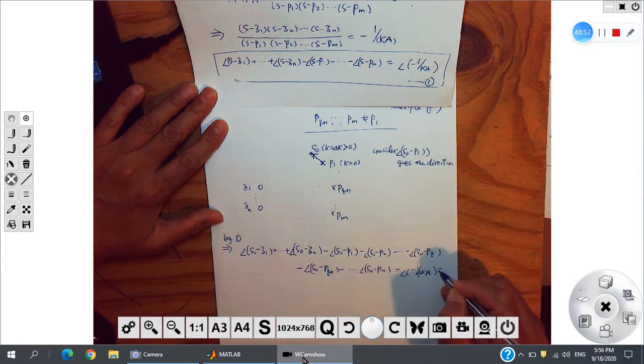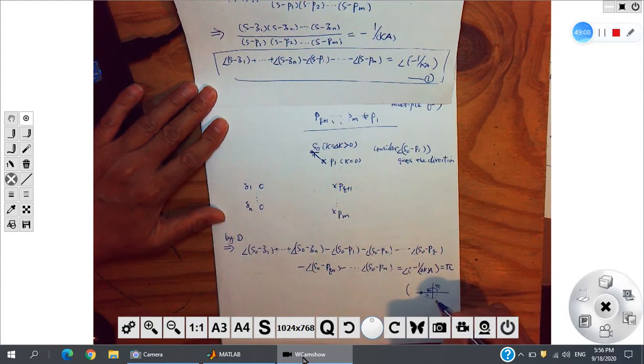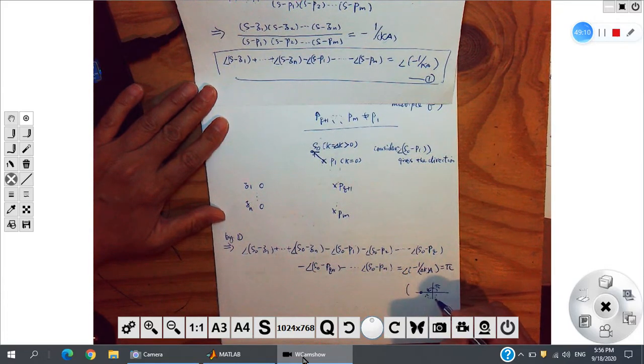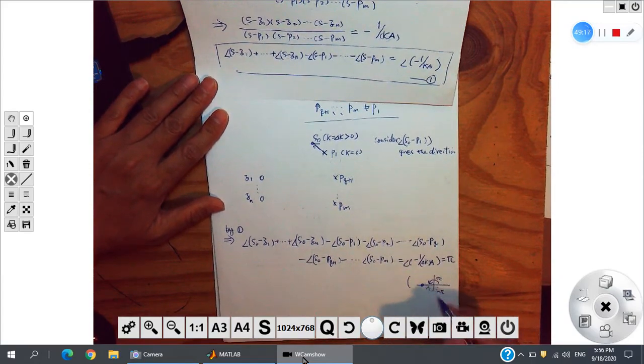A negative value has angle pi, or negative pi if you want to describe the angle in the other direction, but it's the same. We think 2 pi is just 0.